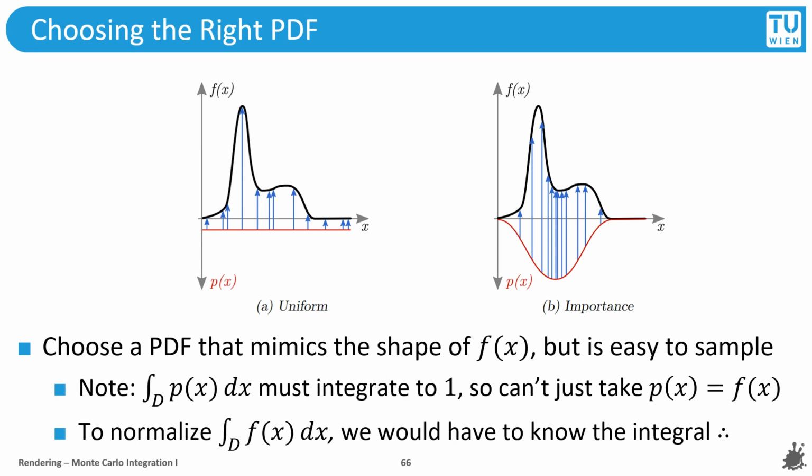However, remember that what we set out to do was to actually compute the integral of f of x, and in order to generate a valid PDF, it must be normalized, which requires that we know the integral of f of x, and now we have arrived at circular reasoning. So our best bet is to find a good fit for the approximate shape of the sampled function f of x in the general case. And there are some not too complicated candidates which we will explore in detail next time.